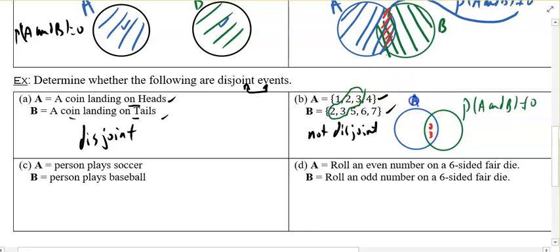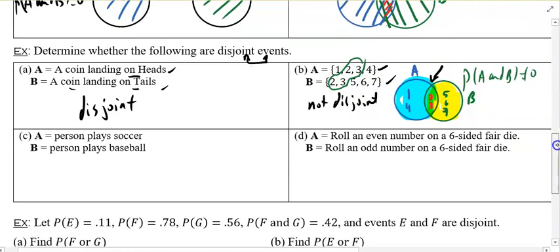If this is A, then all I need is 1 and 4 there, and if this is B, I would need 5 and 6. If I say look at event A, wouldn't you say all of these are A? If I say look at event B, wouldn't you say all of these are B? And do you see which part I would count twice if I just add those? The overlap of yellow and blue is green.